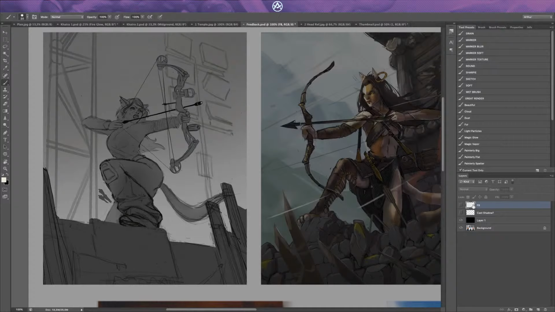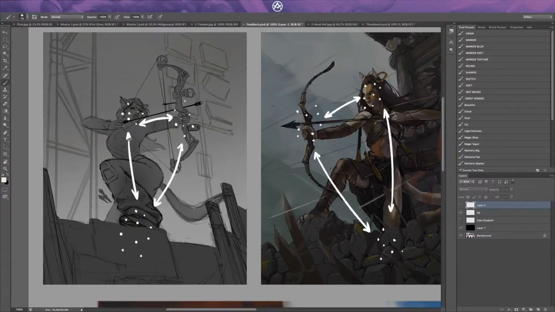But what I think could be cool is if you have, of course, the head as the most detailed place, the hand as well, and maybe this part here as well. And in between, try to have a more straightforward composition.